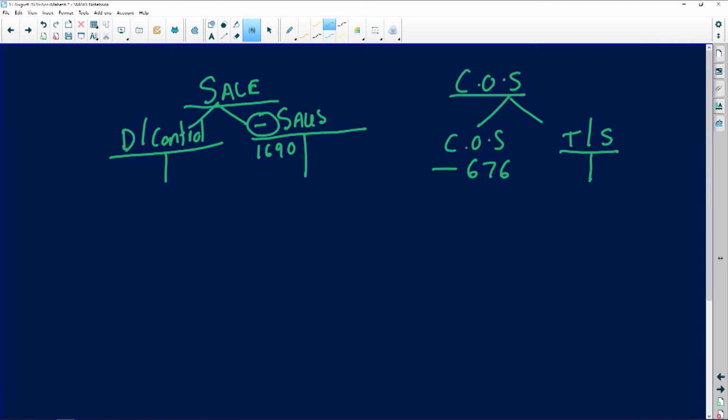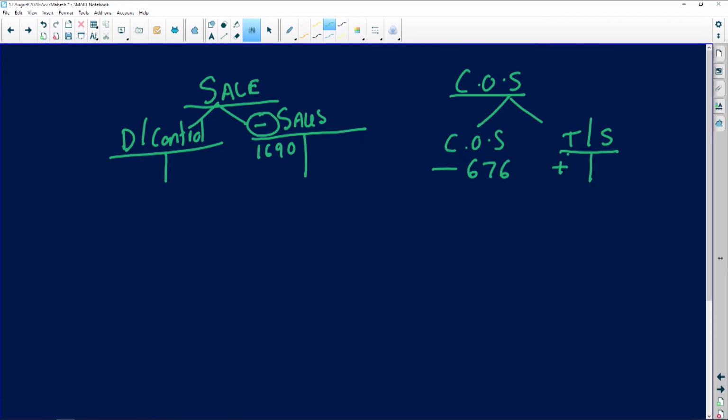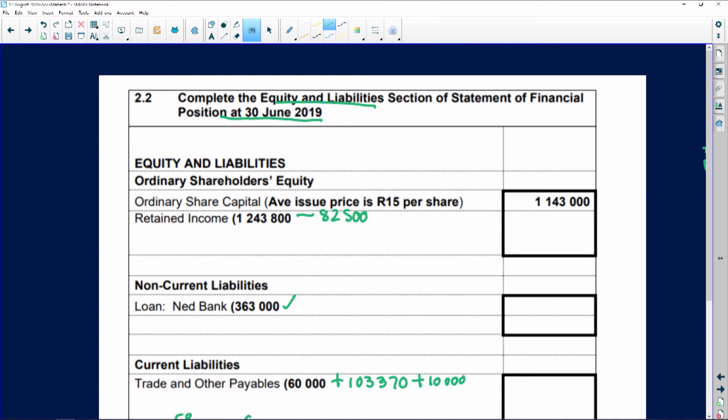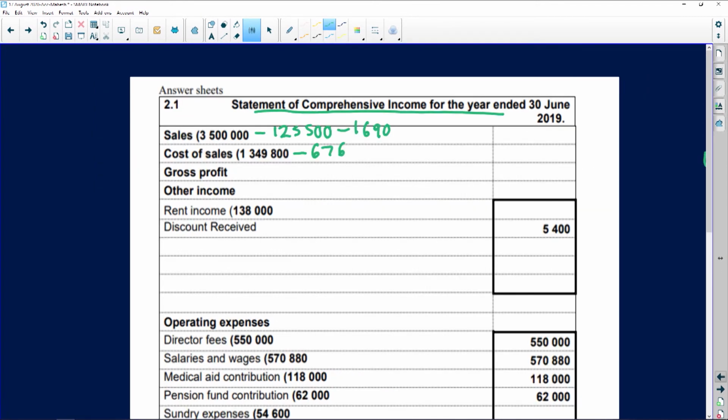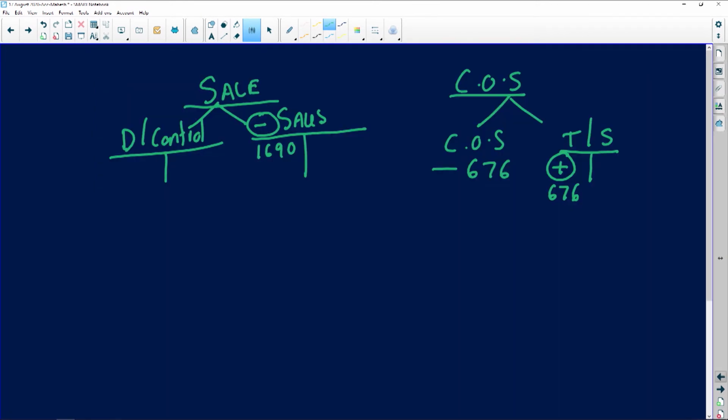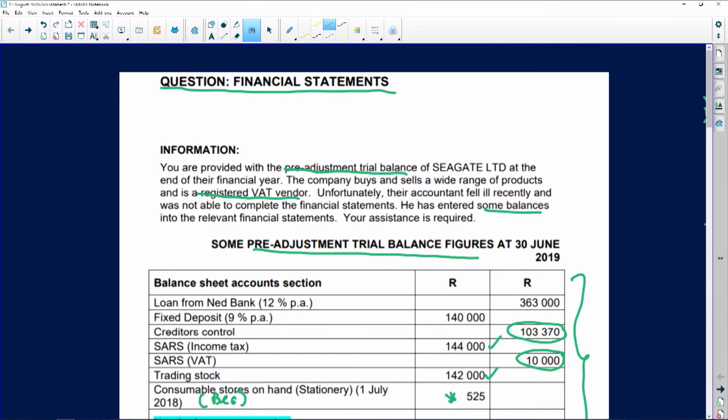The other account is trading stock. So remember, stock is coming back into your shop. The customer is returning the item. So your trading stock is now going to increase by 676. Now, even though I am not doing the entire balance sheet, I still need to take this into account for a later adjustment.